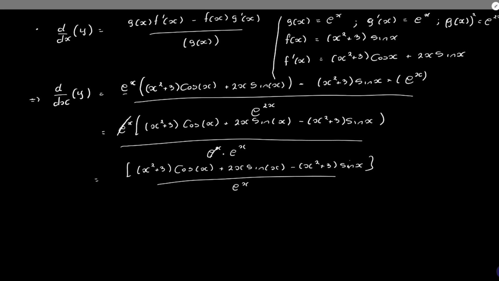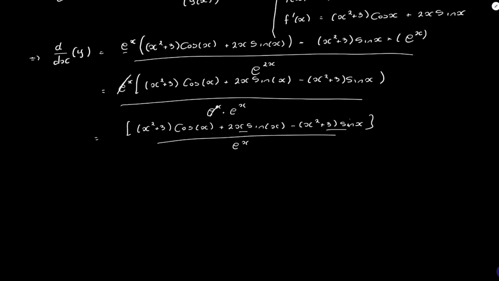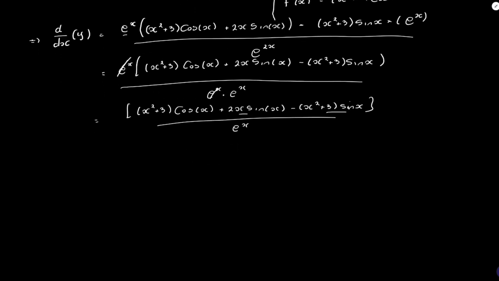e to the x. Now if we look closely at our numerator, we notice that there still exist two terms which are common, that is this term and this term, which have sine x in common. So we can factorize out sine x in both of these terms, leaving us with x squared plus 3 cos x plus sine x into 2x minus x squared minus 3.